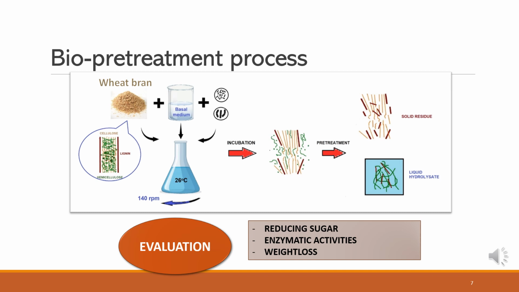In the biological pretreatment, the monocultures and the microbial consortium follow a similar procedure as other cultivations, and different parameters were taken into consideration: the weight loss, the reducing sugars, and the enzymatic activity, which includes different kinds of cellulolytic enzymes.